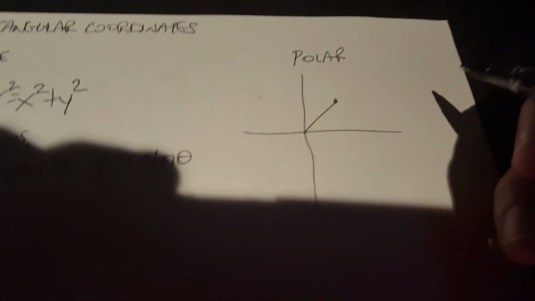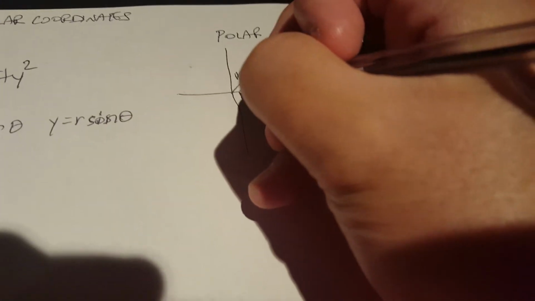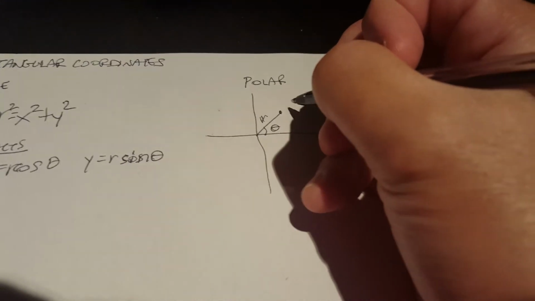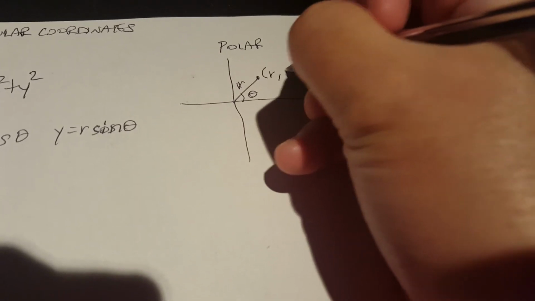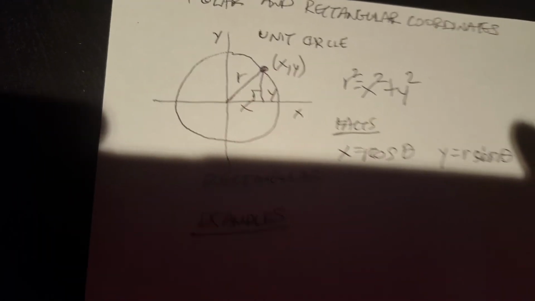Just like on the unit circle, there's your r, and here is your theta. That looks similar, but we're going to call this point (r, theta), whereas in rectangular, that's where you have the x and the y.